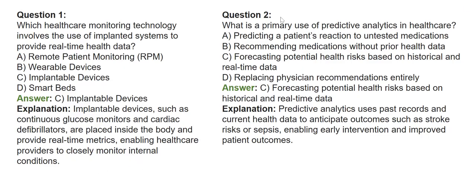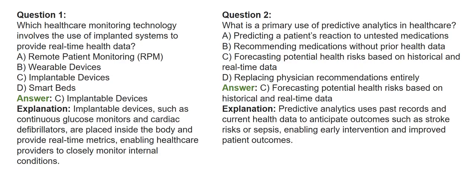Question two: what is a primary use of predictive analytics in healthcare? Is it A, predicting a patient's reaction to untested medications, B, recommending medications without prior health data, C, forecasting potential health risks based on historical and real-time data, or D, replacing physician recommendations entirely?